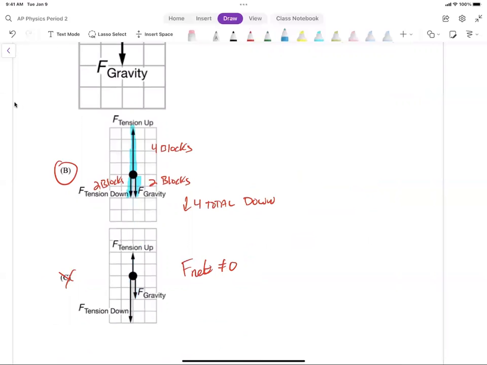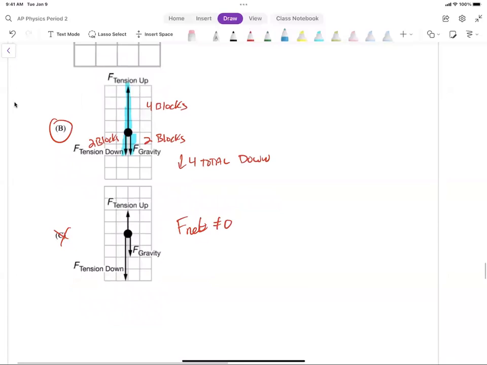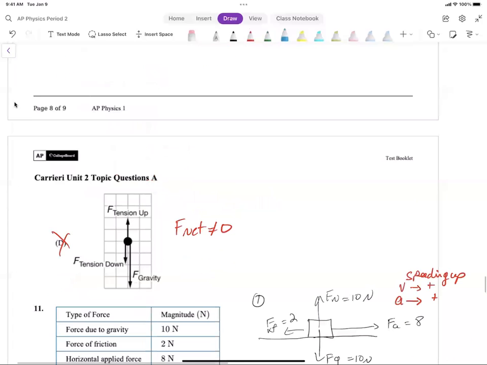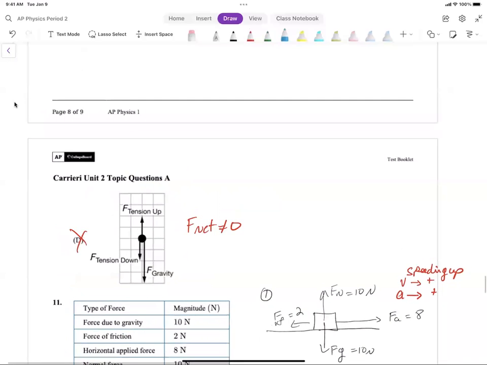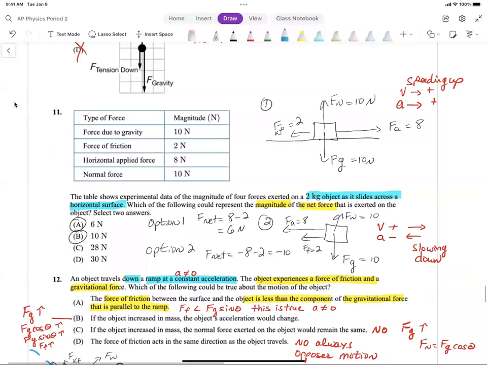That's a total downward of 4, so they cancel each other out. If I look at C, there's a net force downward. That would indicate that the block is accelerating downward. D, that would indicate that the block is also accelerating downward. Not possible because it's hanging in a static condition. Number 11.